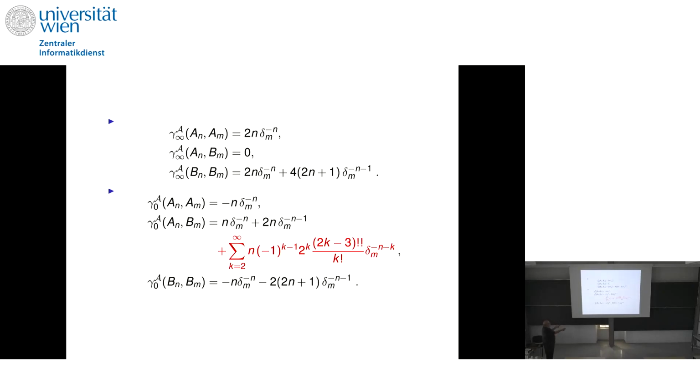This cocycle is local, I can use it for the representations. This one is not local, because it will never stop. If n and m are big, it will not stop. So this one is non-local, it's not good for representations.